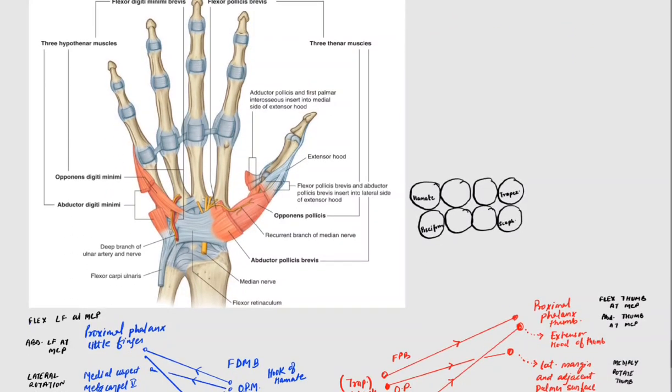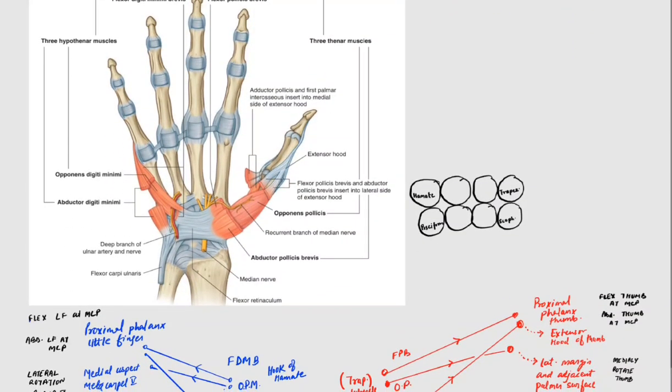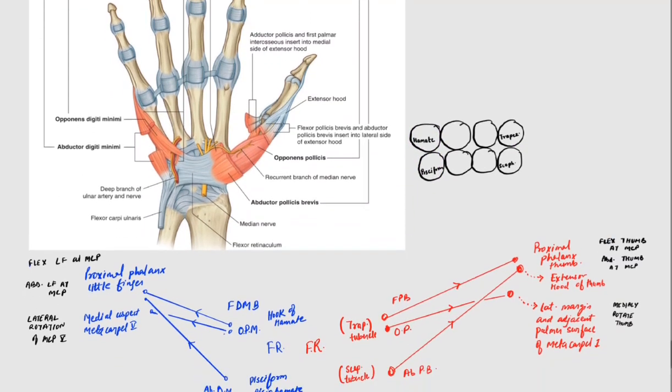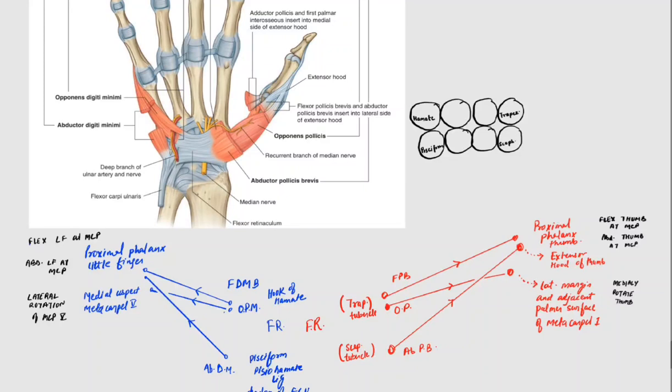Now coming to thenar and hypothenar muscles. Before that, we have to remember the 8 carpal bones arranged in 2 layers. On the lateral side there will be scaphoid and trapezium, and on the medial side there will be pisiform and hamate. Coming to the 3 muscles of the thenar group.